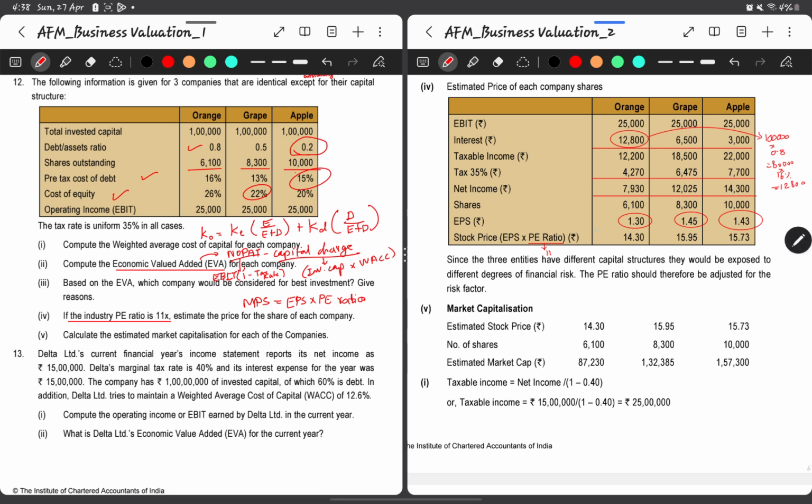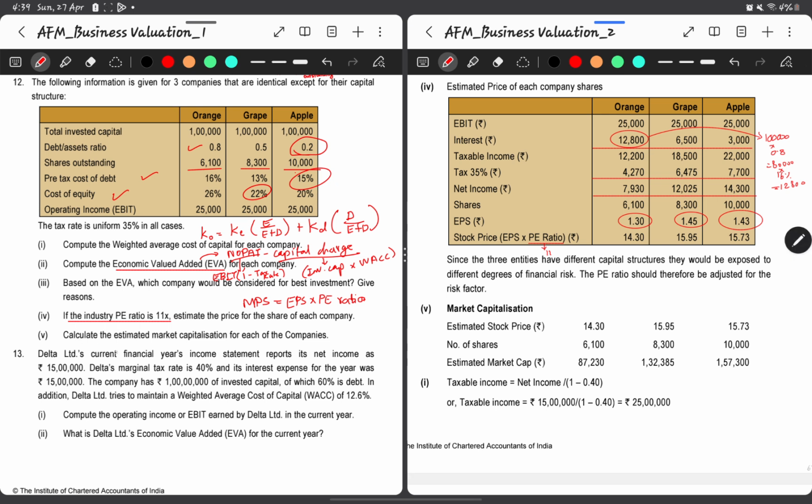So just directly multiply the PE ratio with the EPS, which will give us the stock price or MPS. That's what they have also given. Since the three entities have different capital structure, they would be exposed to different degrees of financial risk. The PE ratio should therefore be adjusted for the risk factor. But they have not given any such risk factor here, so the adjustment is not required.